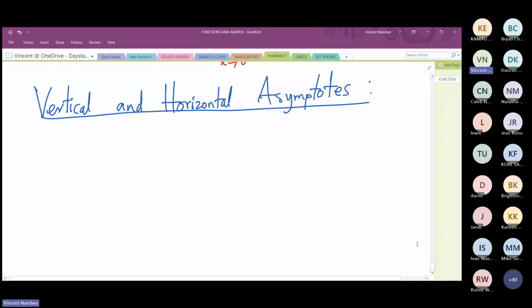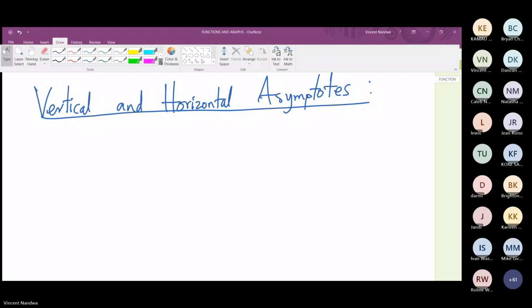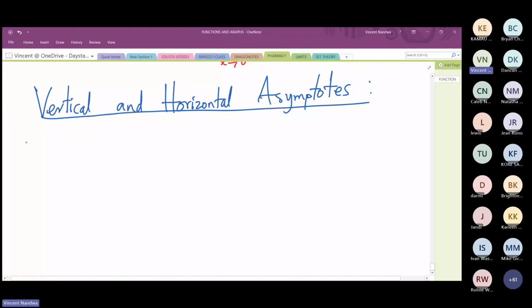So let's quickly discuss the vertical and horizontal asymptotes. We shall begin by giving the definition and do an example.